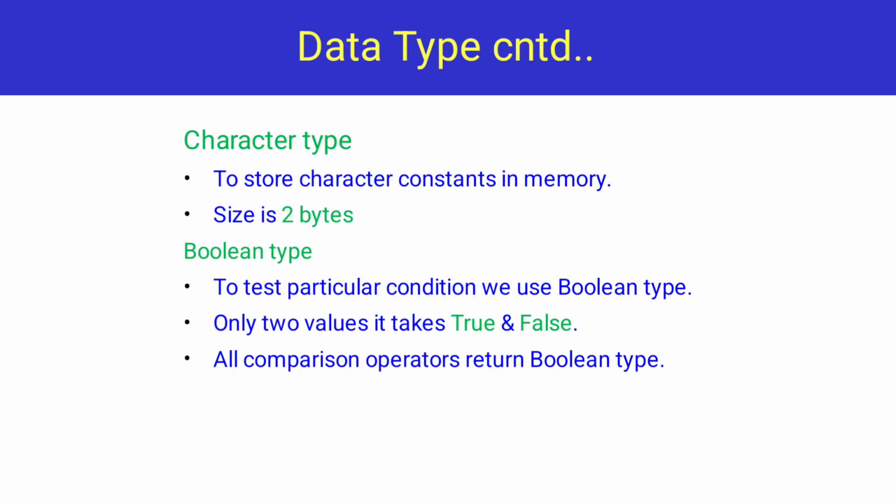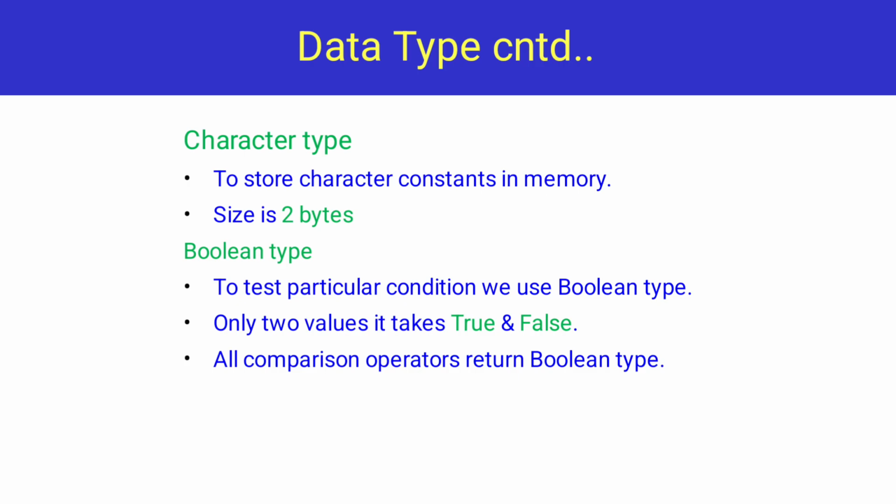In a character type, to store a character constant in memory, the character data type occupies 2 bytes in memory. The boolean type tells a particular condition. It takes only two values, either true or false. For all the comparison operators, the boolean type gives true if the condition is true, or false if it is false.